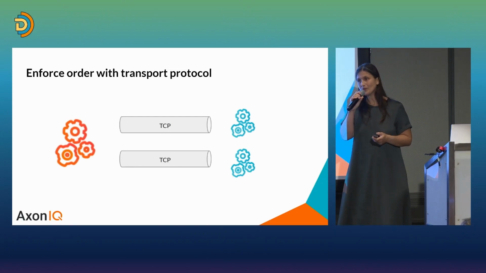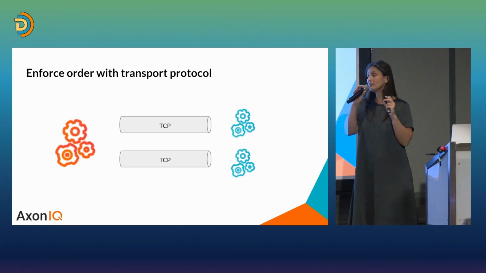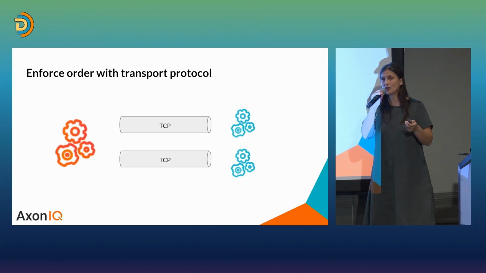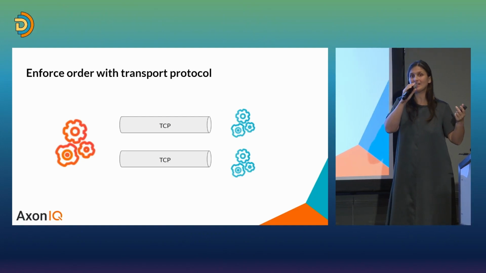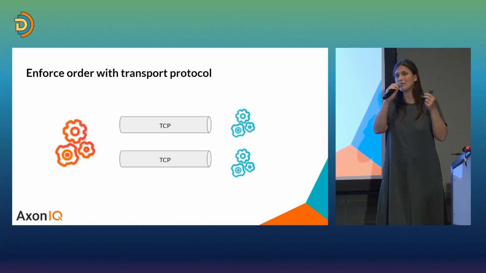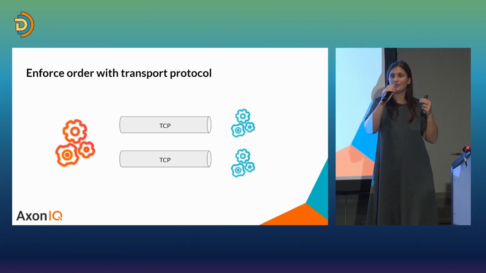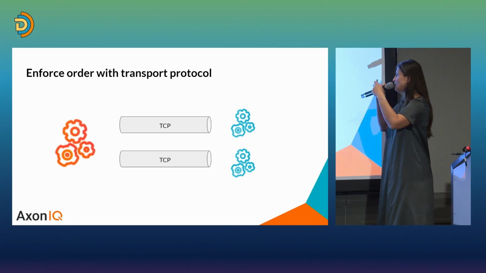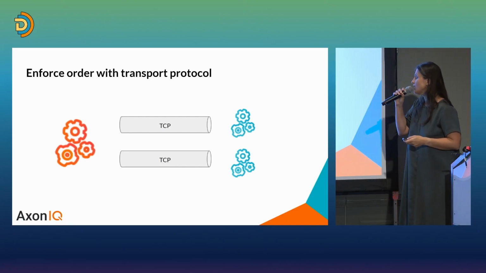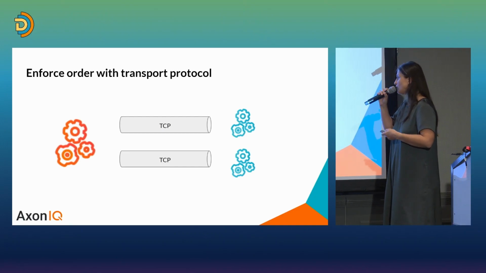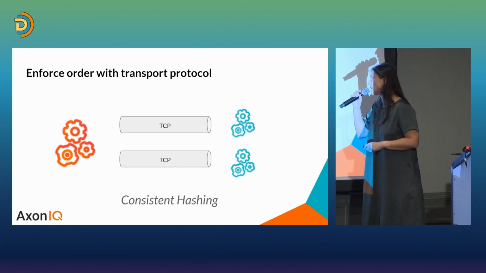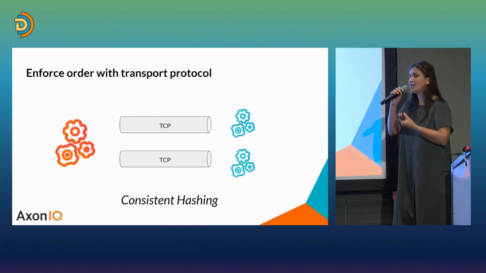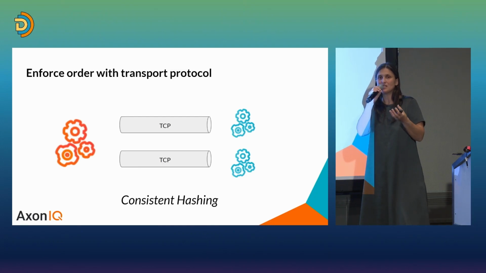What we can do is decide the dispatching of the messages according to the sequentiality. So we can decide to dispatch all the messages that need to be executed sequentially to the same component. In this way, the TCP channel will guarantee the ordering. For example, we can use a consistent hashing algorithm, using as a key the key that represents the sequentiality.